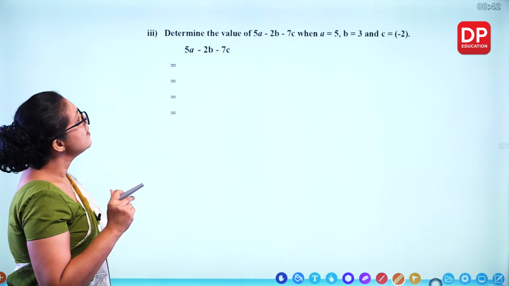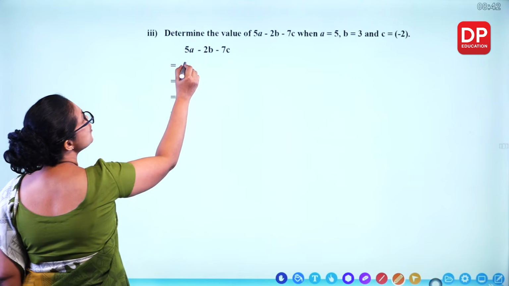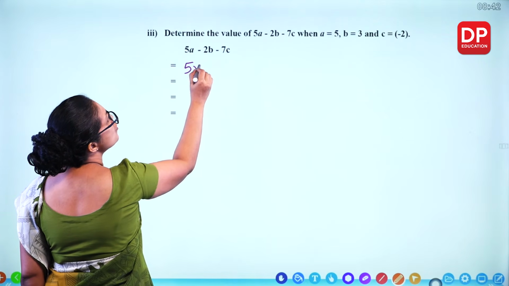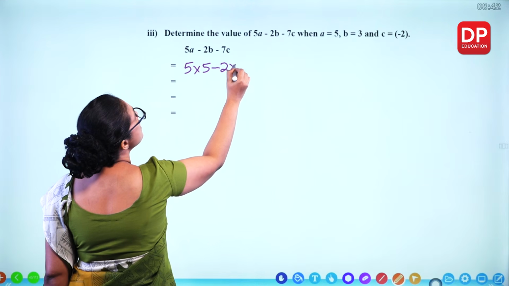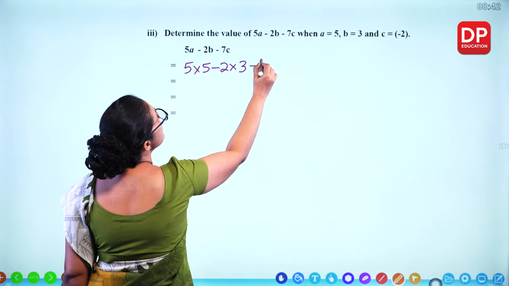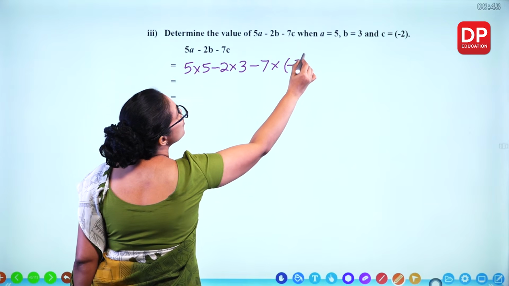Look at this one. Now you get three unknown letters. 5a, 2b, 7c. Values are given. A equals 5, b equals 3 and c equals minus 2. Substitute 5 into a is 5. 2 times 3 and c times minus 2.